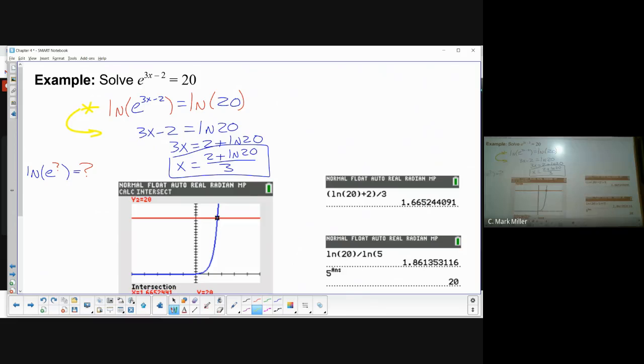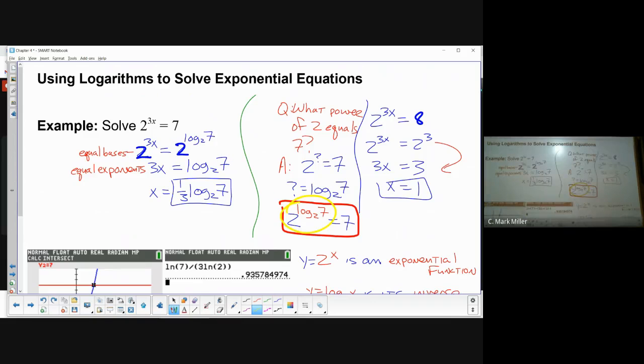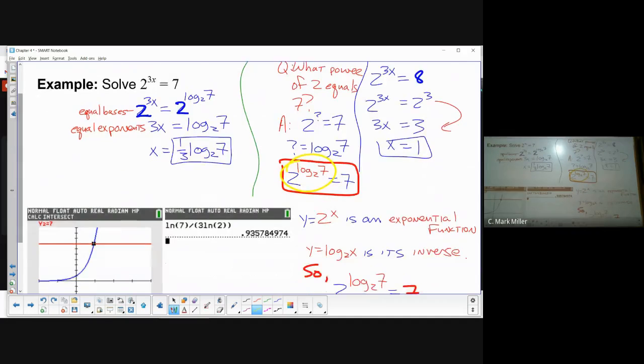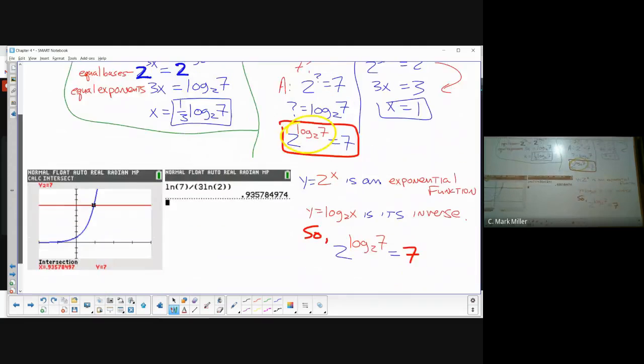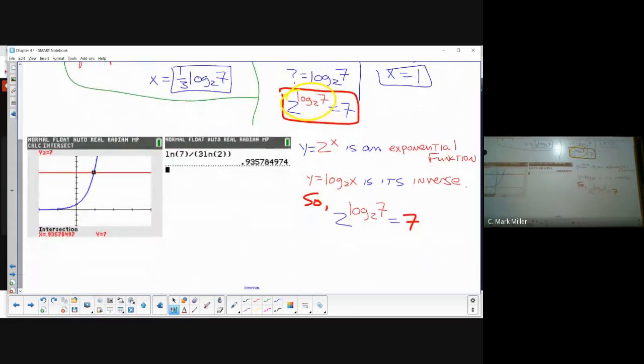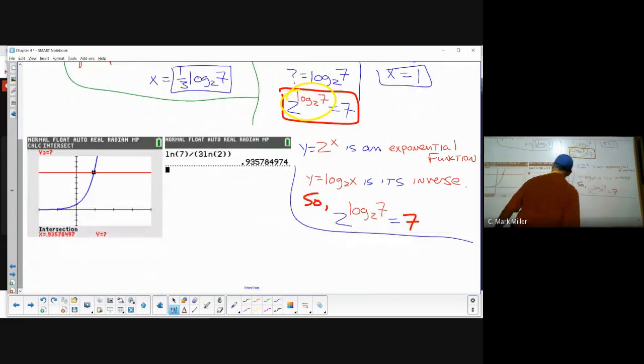Now I'm going to go back to this slide for a second. Another thing we could have done here, if you recognize that, is, let's go here. 2 to the 3x equals 7.